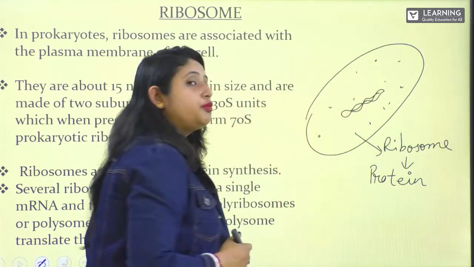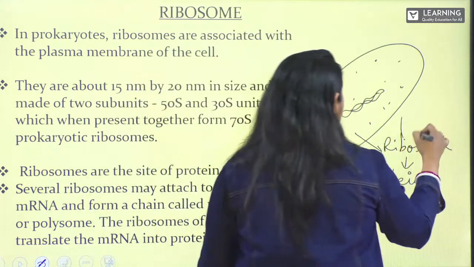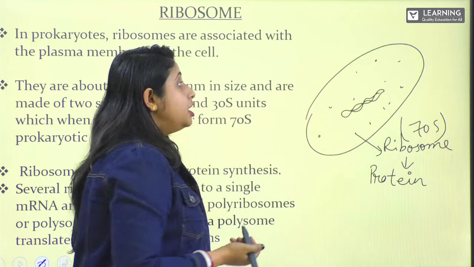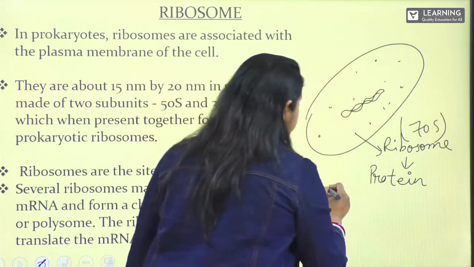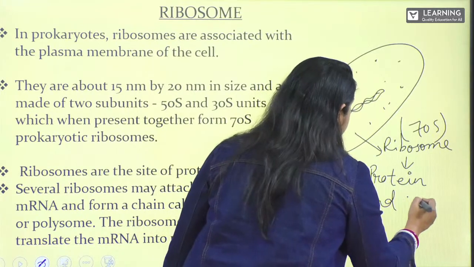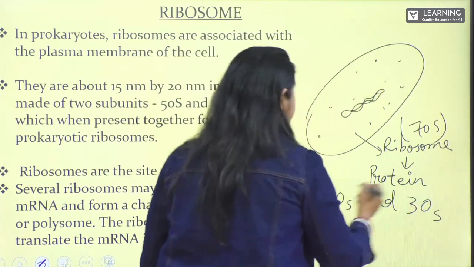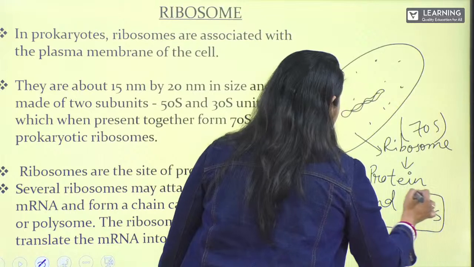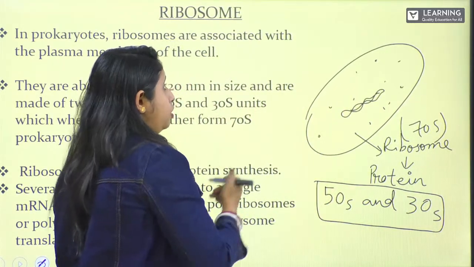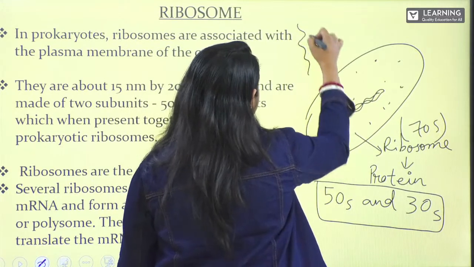They have got the 70S ribosomes, that is, the ribosome is divided into the subunits 50S and 30S. Now, how is this protein being formed? Protein is being formed from the DNA.